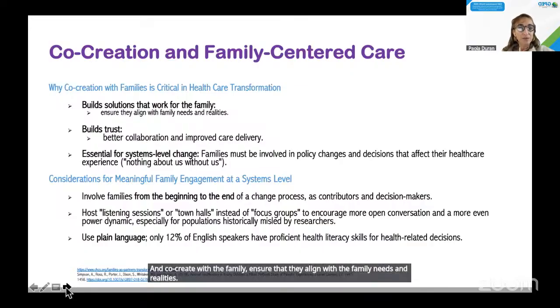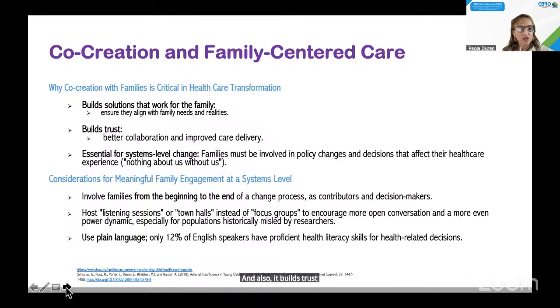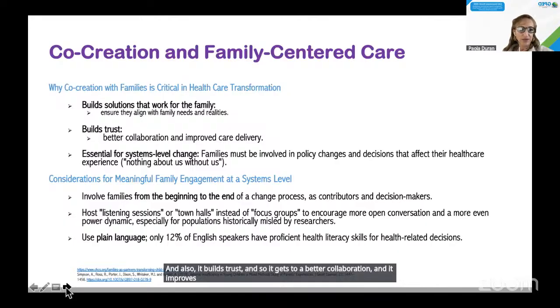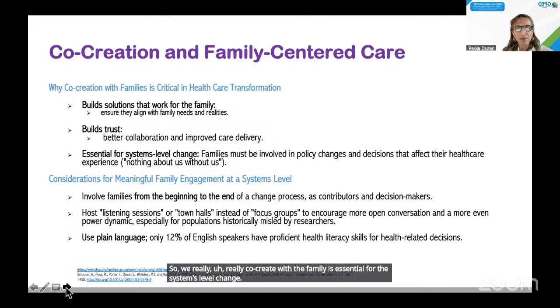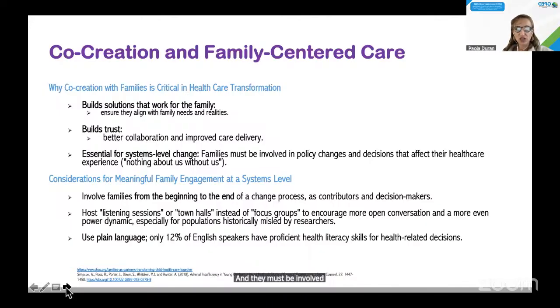It also builds trust, which leads to better collaboration and improves the delivery of care. So co-creating with the family is essential for system-level change, and they must be involved in all policy changes and decisions that affect their health care. So there is this powerful sentence: nothing about us without us. It is very important for making those changes.